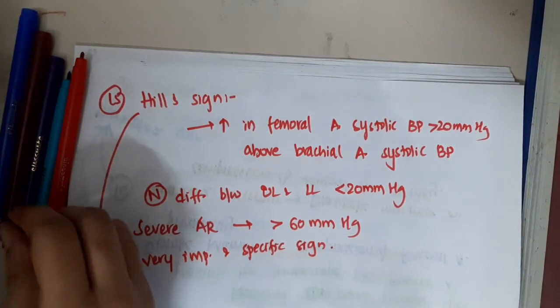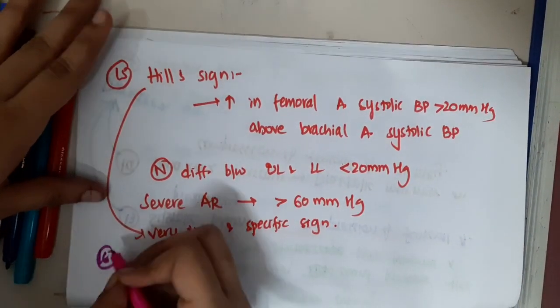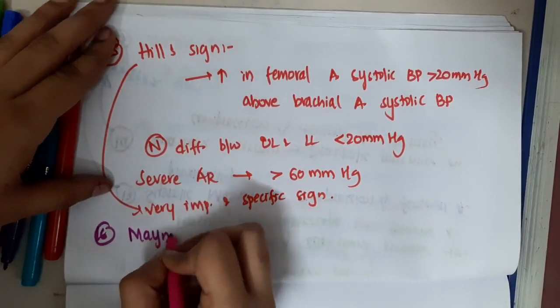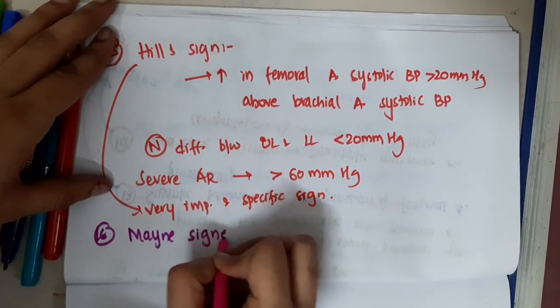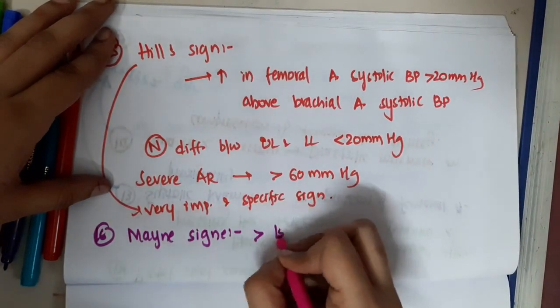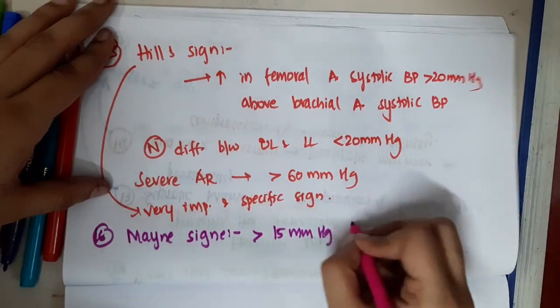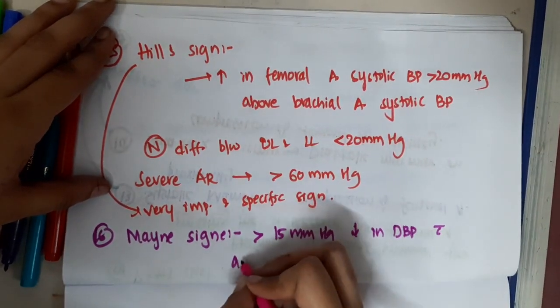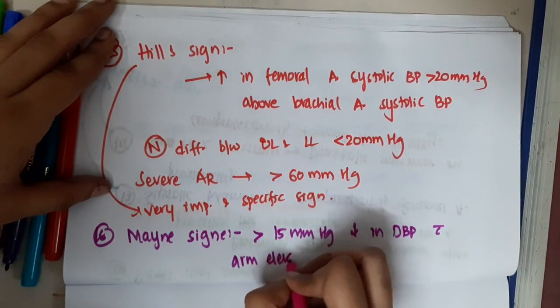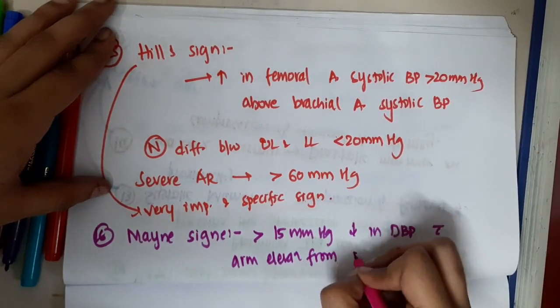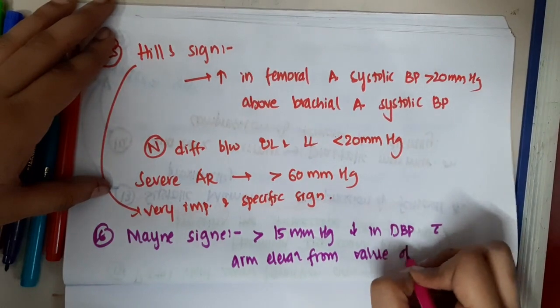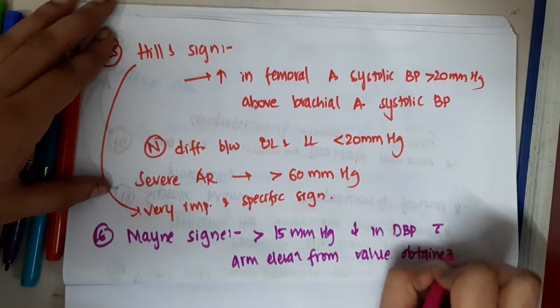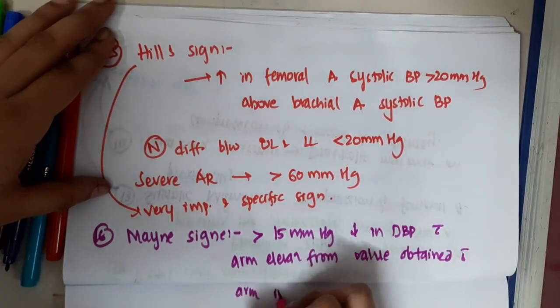Then the next sign, 16th, is Mayne's sign. What is Mayne's sign? It is a more than 15 millimeters of Hg decrease in diastolic blood pressure with arm elevation from the value obtained with the arm in standard position.